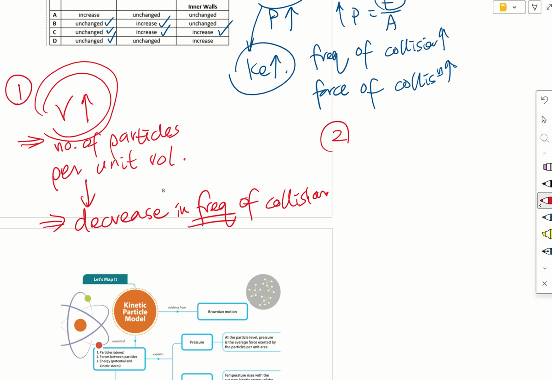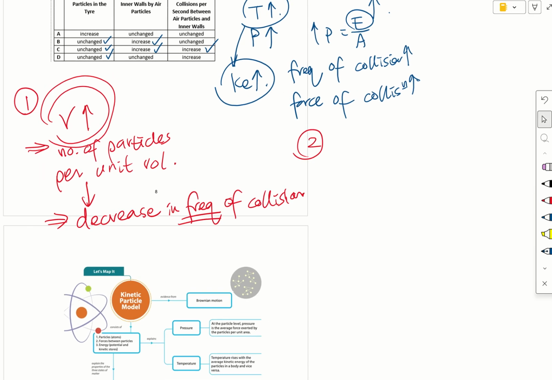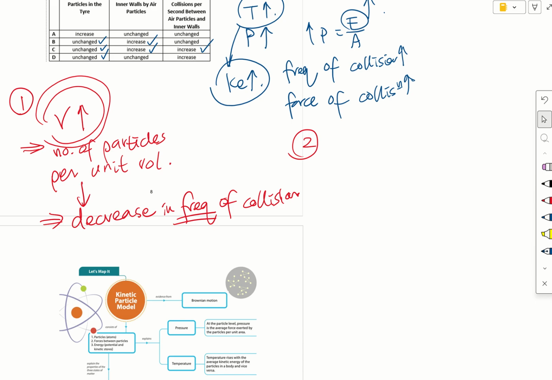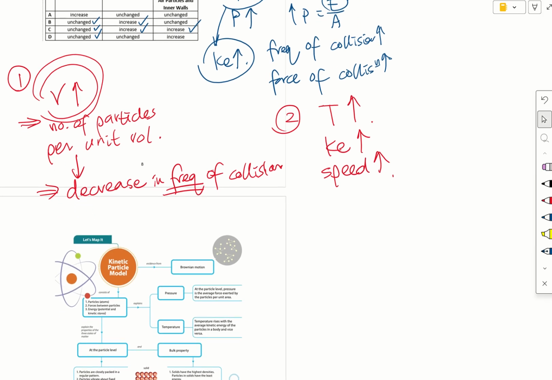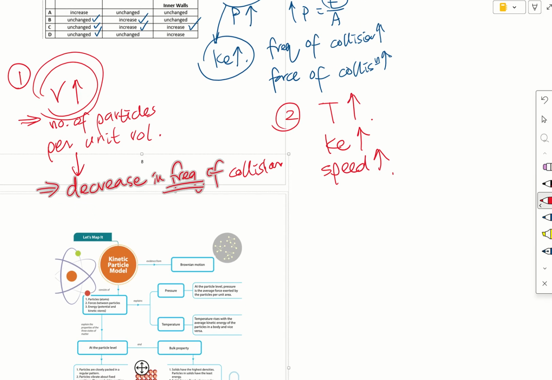The other effect is that we can change the pressure in the container by changing the temperature. So let's make the temperature increase. When temperature increases, KE of the particles will increase. The speed of the particles will also increase. So now that we have particles that are moving faster, there will be two effects. The first one is the frequency of collision.